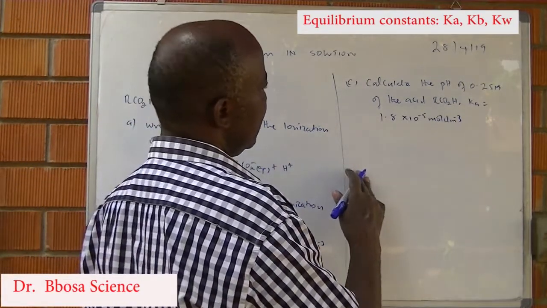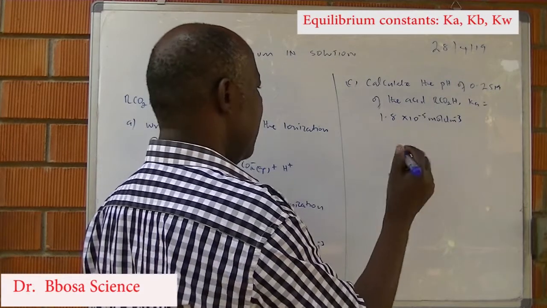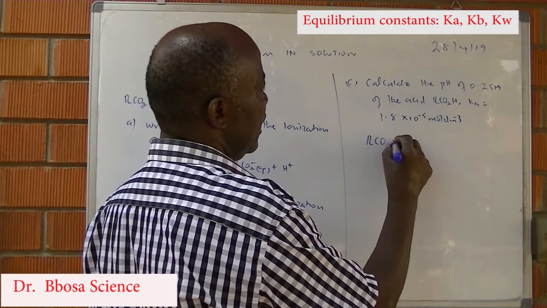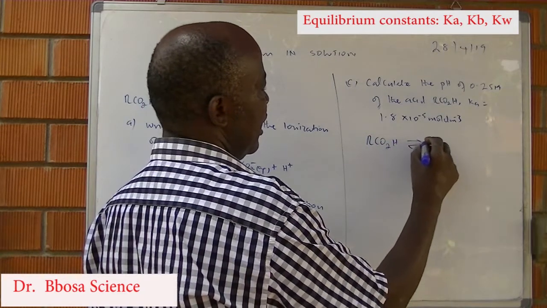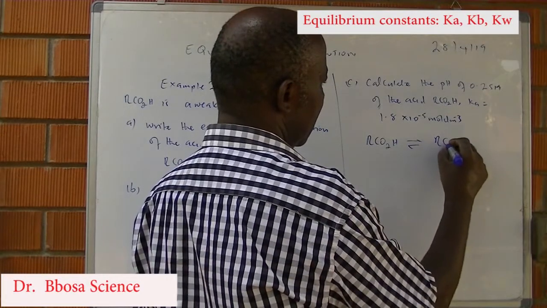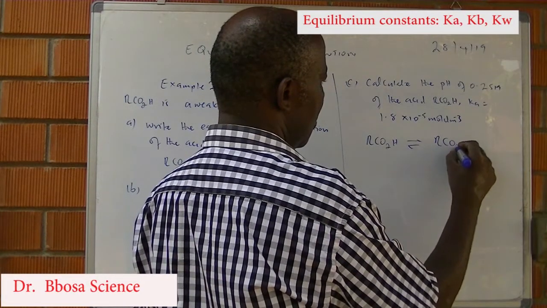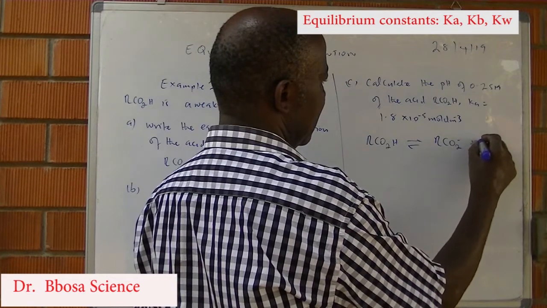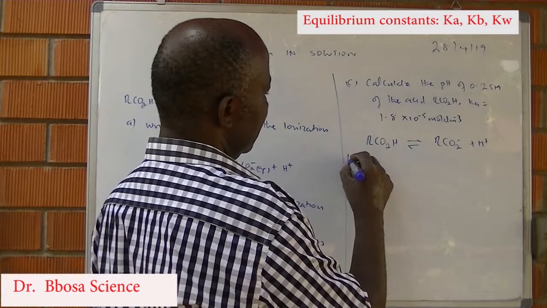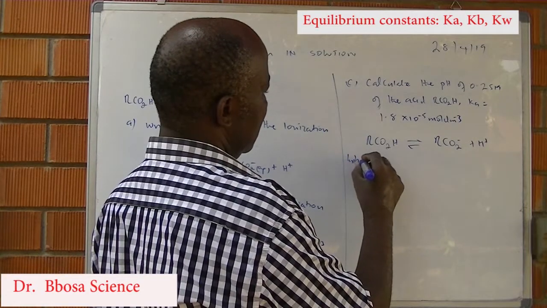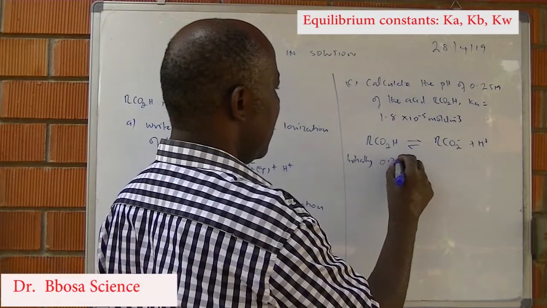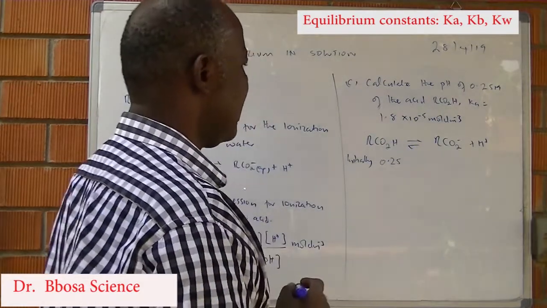Calculate pH. We first write the equation. RCO2H ionizes to form RCO2 minus plus H plus. We can say initially they have told us we have 0.25 moles of the acid.